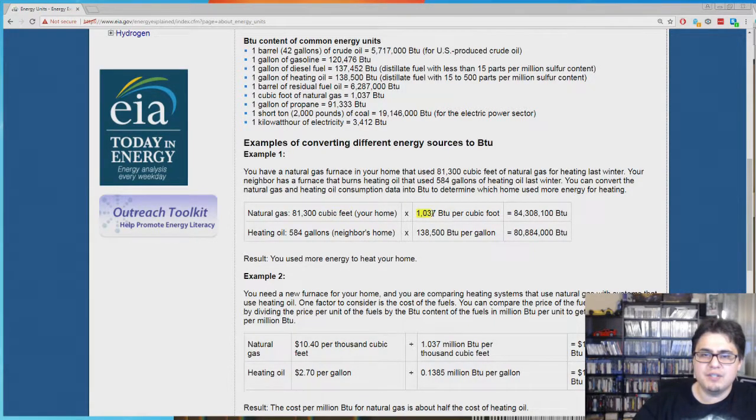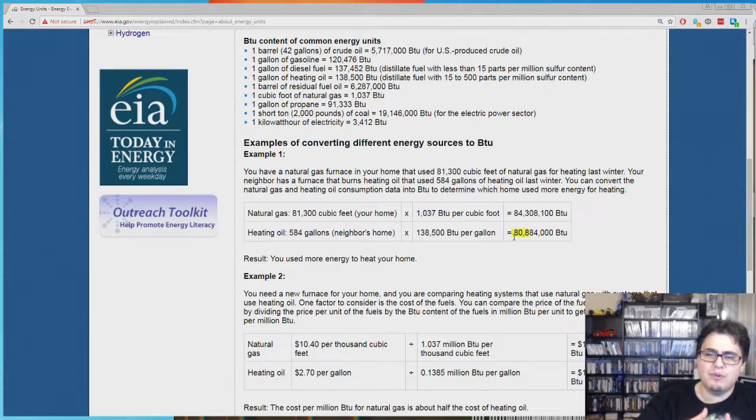And then we convert it at 1,037 BTU per cubic foot of gas. So in the end, we have 84 million BTUs used. Then your neighbor says, well, I used 584 gallons. Well, we know up here, 1 gallon of heating oil is 138,500 BTUs. Convert that by multiplying, and you have 80 million BTUs.